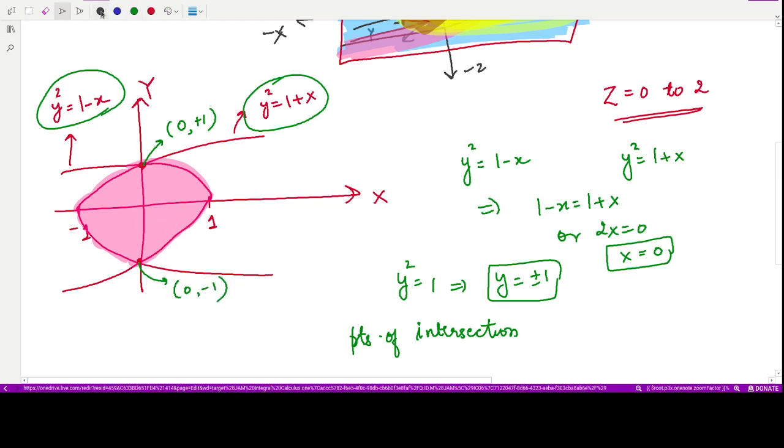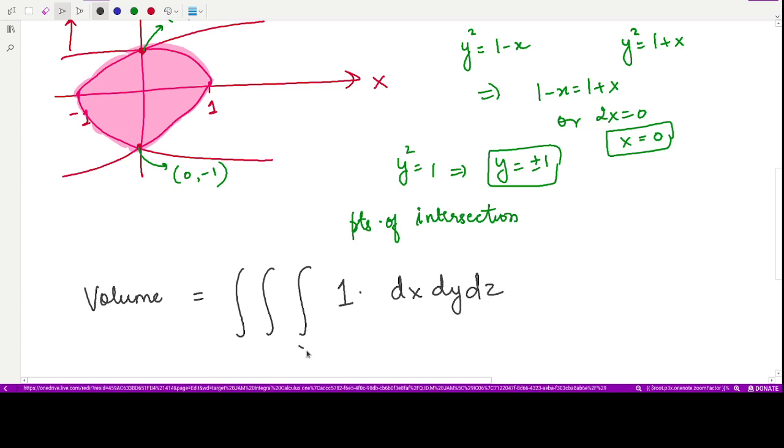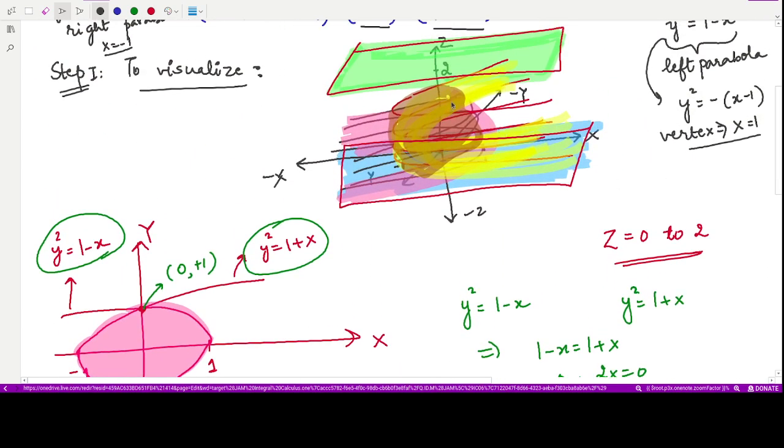Now what about the volume that we wanted to calculate? You know the volume of any solid is usually given by the triple integral of the function 1 into dx, dy and dz, and here you write the limits for x, y and z, which define how the solid is bounded, right?